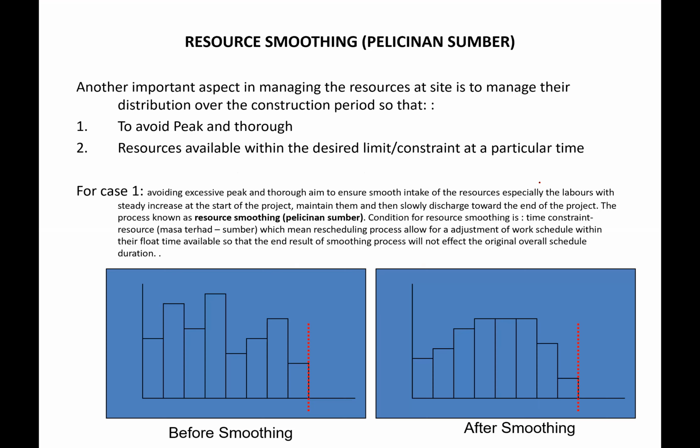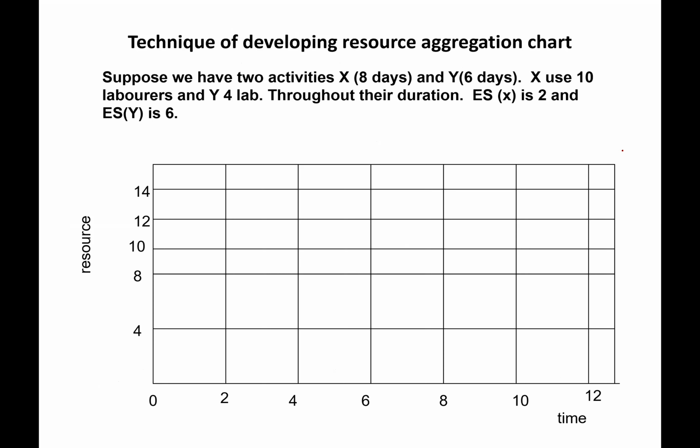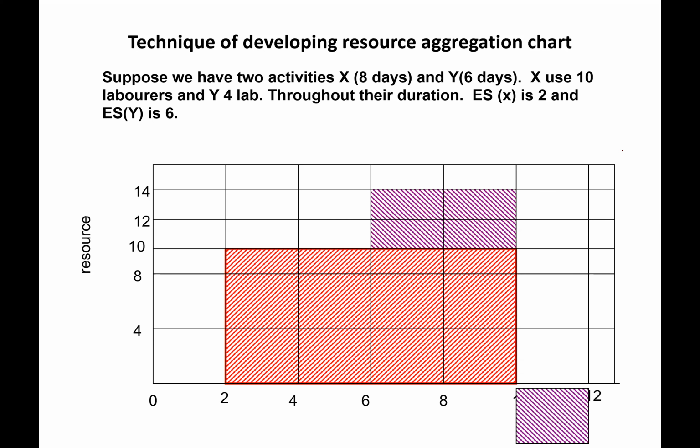Again, resource smoothing: this is what we call a bad graph, this is a good graph. We want to transform something like this, which is resource smoothing. And for resource leveling, the issue is that we want to limit the resource, and this is what we get. That is the difference between resource smoothing and resource leveling.